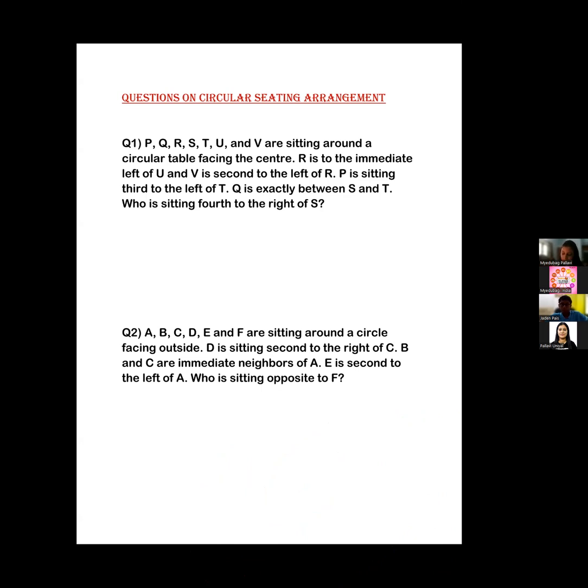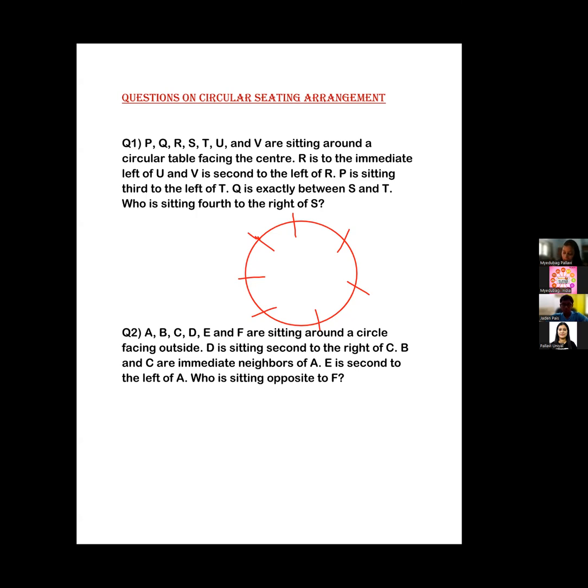P, Q, R, S, T, U, V are sitting around a circular table. So these are 7 people sitting around a circular table. We'll place them 1, 2, 3, 4, 5, 6, and 7 like this. As we place people in a row in linear arrangement, in the same way we'll place them around a circle.